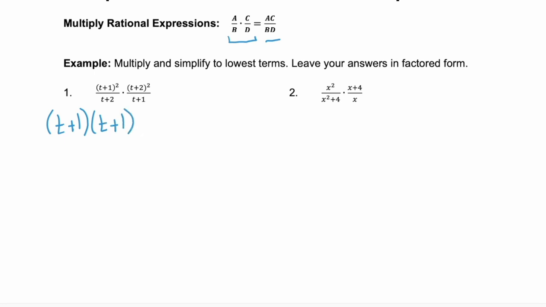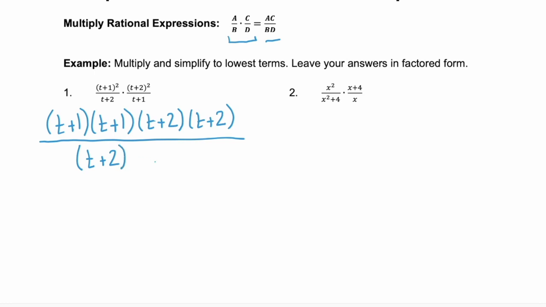And this first numerator gets multiplied with the second numerator, which is t plus 2 squared, or factored, that's t plus 2 times t plus 2. And we put that all over the denominator. The first denominator is the term t plus 2, and the second denominator is the term t plus 1.